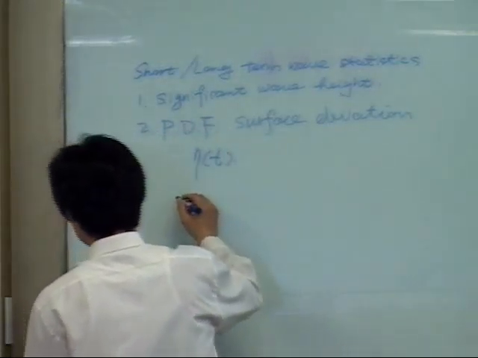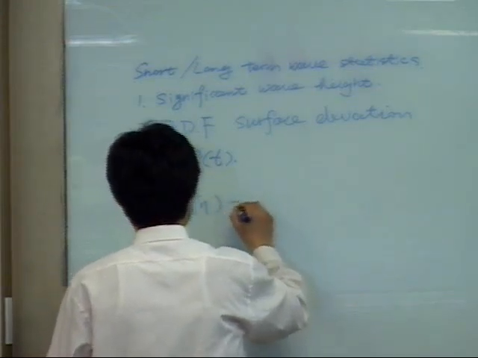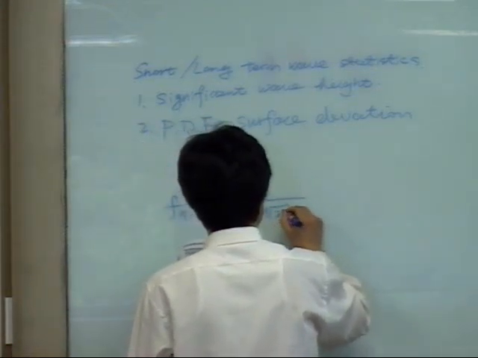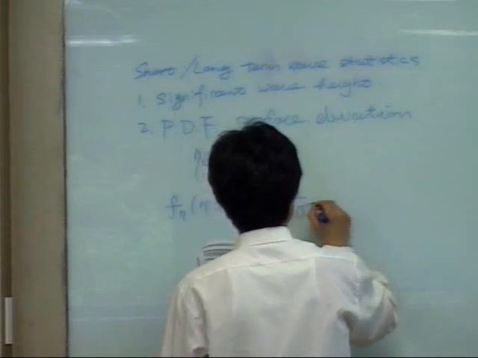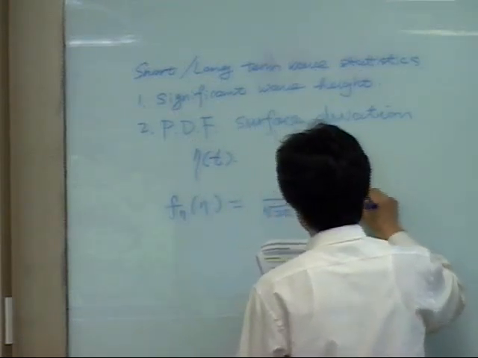Okay, the mathematical form of this is 1 over square root of 2 pi sigma eta, exponential.